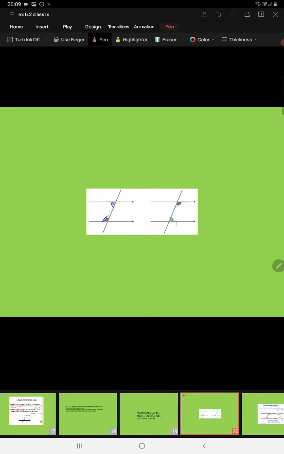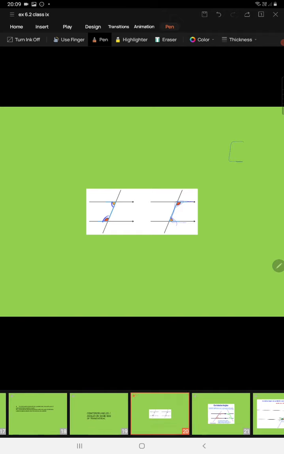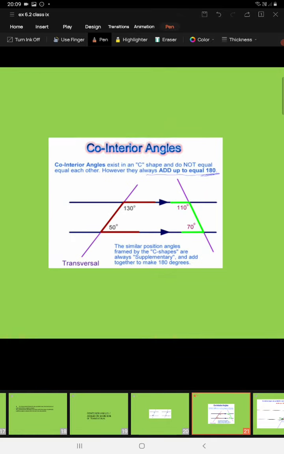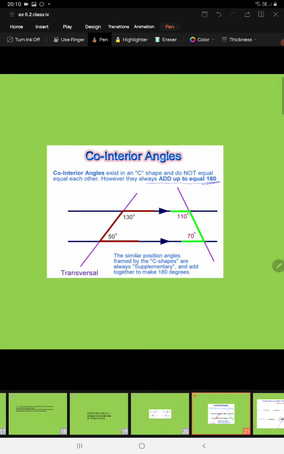So these angles give the shape of the alphabet C. When the two lines are parallel and a transversal intersects them, the pair of co-interior angles so formed will be supplementary. Supplementary means they add up to make 180 degrees.